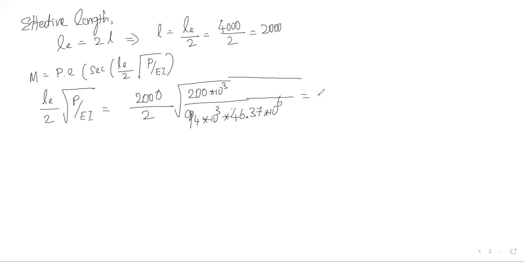So by substituting this, we get 0.214 radians. So this value we have to convert in terms of degree. So 0.214 into pi by 180.